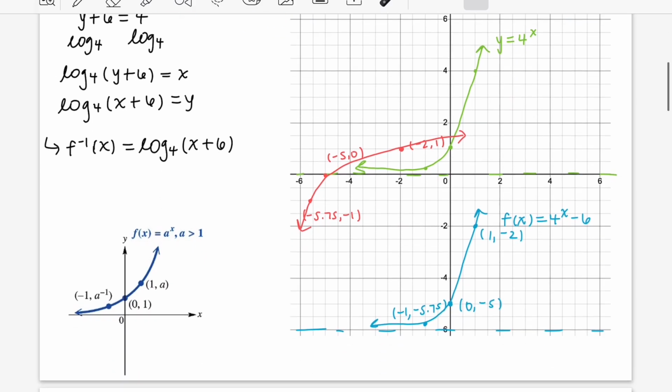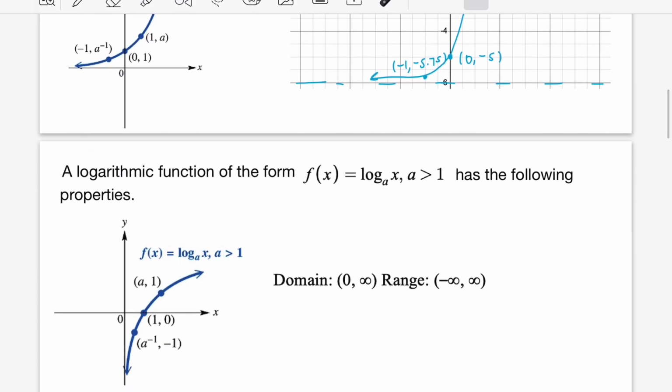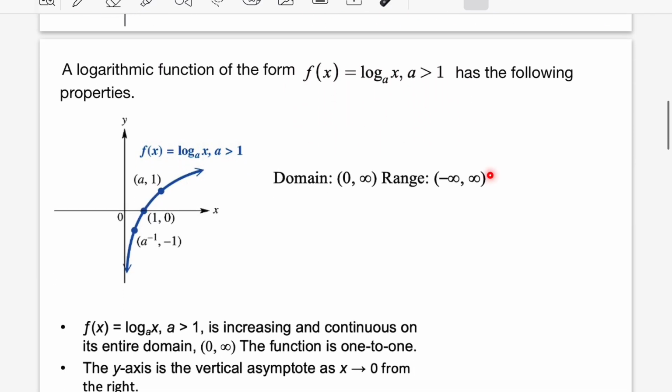Now, this brings us to some properties of log functions of specific forms. So if we have a log function of this form here, then we have these properties. This will be our domain and range values. This is what our graph looks like, and it will intersect these 3 points here. We'll also have that the y-axis here is a vertical asymptote, so our graph will not touch this axis here.